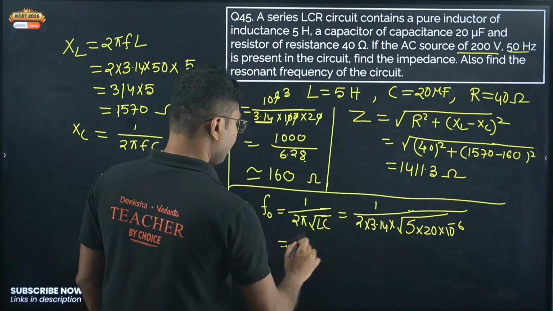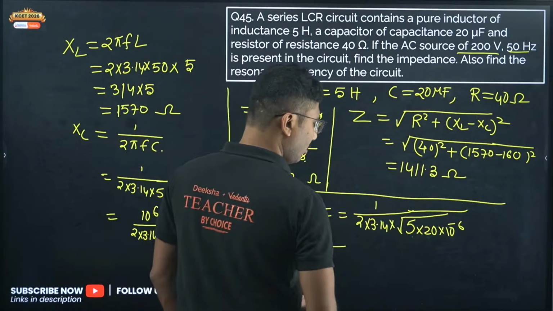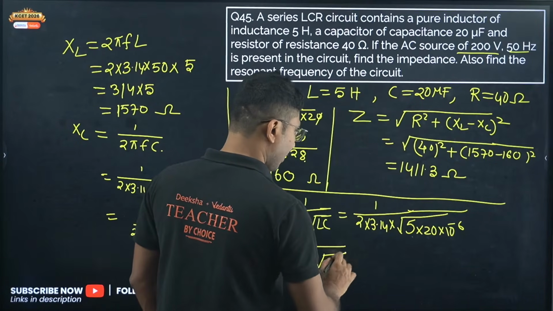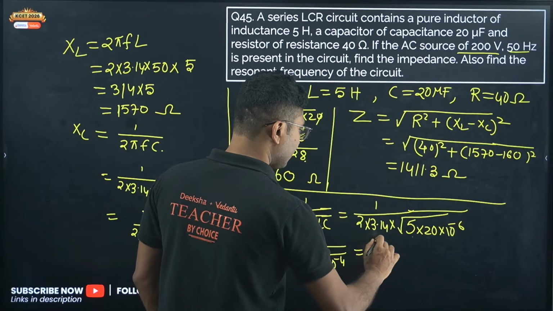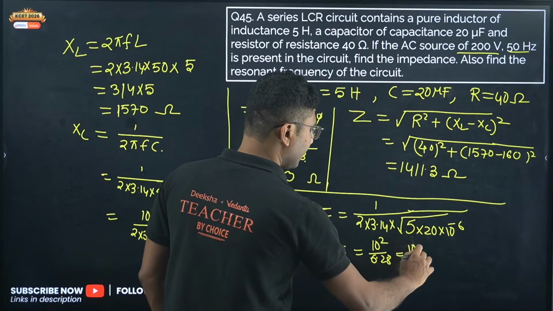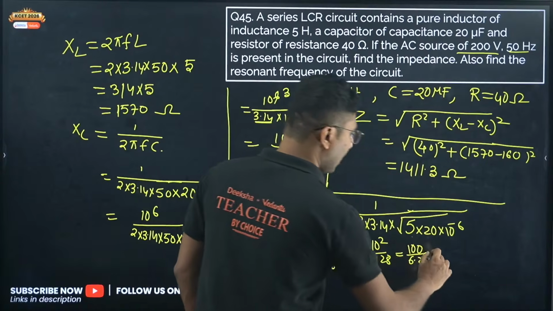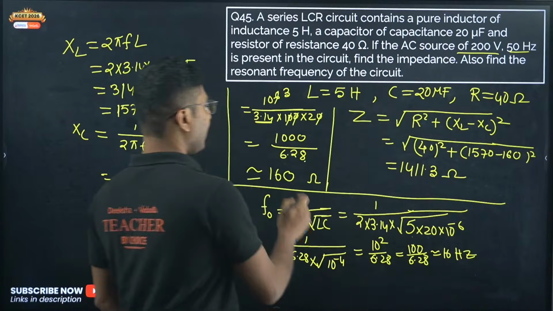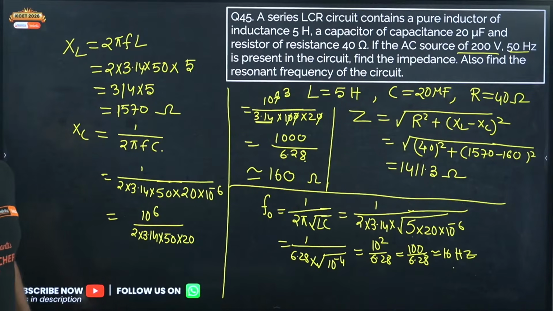So it will be 1 by 6.28 into square root of 100 into 10 to the power of minus 6, that will be 10 to the power of minus 4. So it will be 10 square by 6.28, that is 100 divided by 6.28. So it will be approximately 16 hertz.